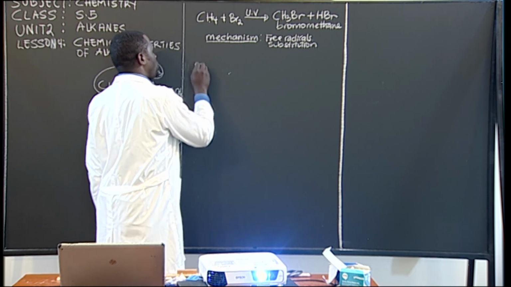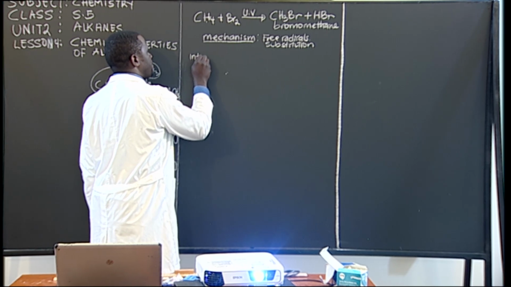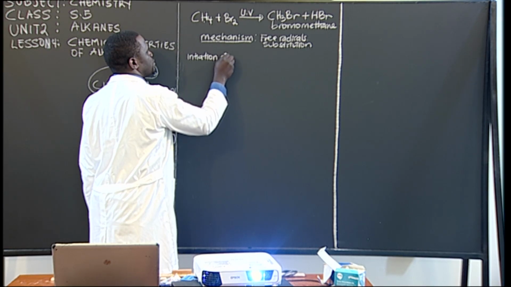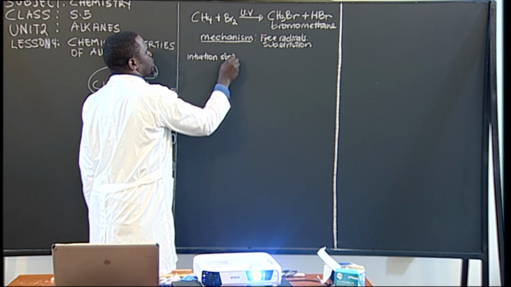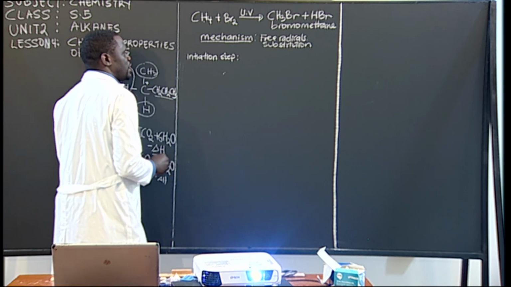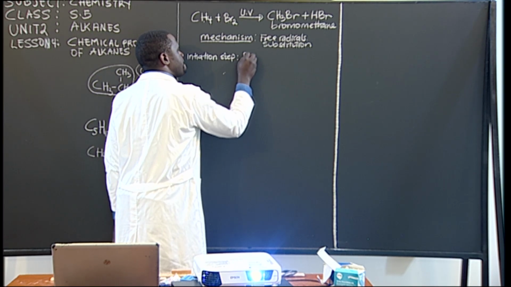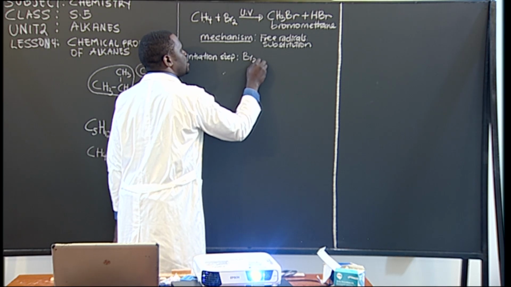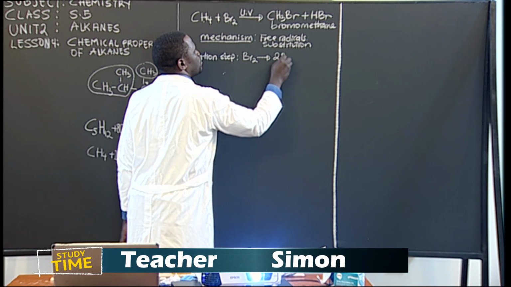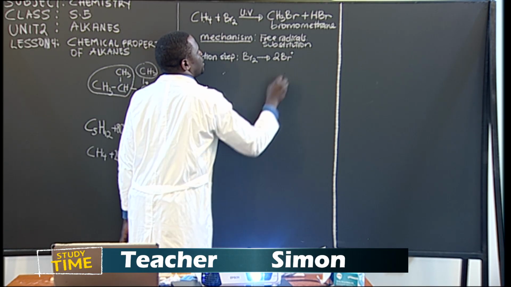So the first step, we call it the initiation step. Initiation what? Step. So in the initiation step, these bromine atoms here will break down to give you 2 of them here.